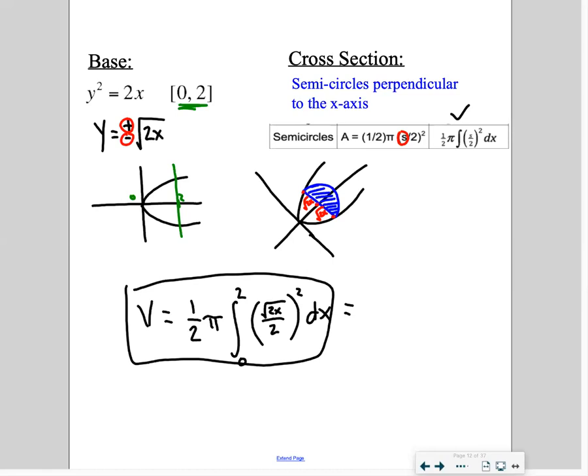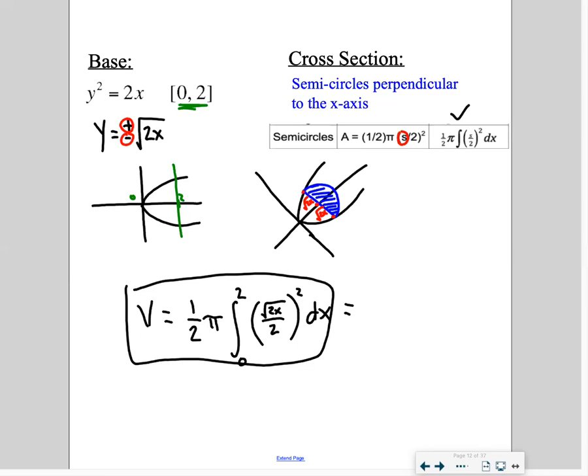You have to be careful with your parentheses here. The top would be square root of 2x. I'm getting 1.570.